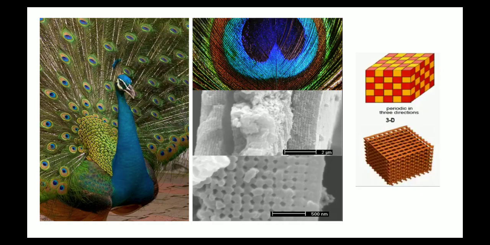So these are all examples which we learn from nature, and as I said, we are getting lessons from nature, and we are trying to understand how nature is using this nanostructure. If we understand this, then it is also possible for us to make photonic crystals on some kind of coatings.